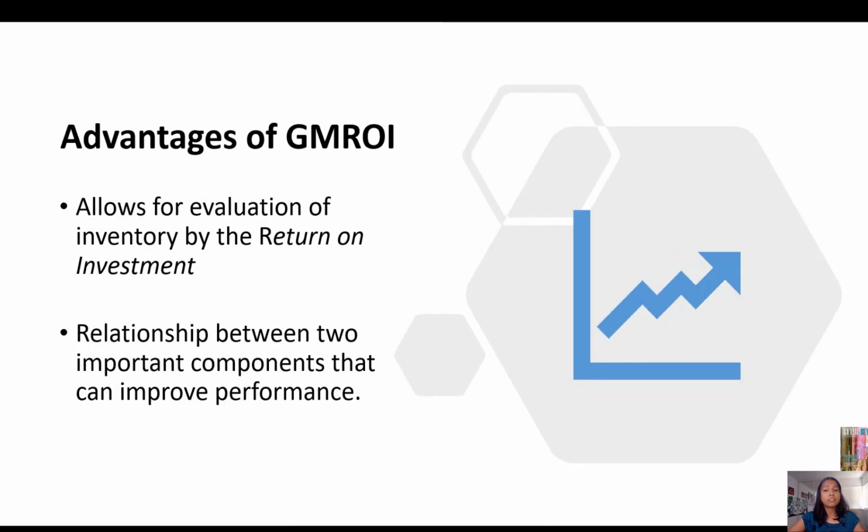Two major advantages of GMROI are that it allows those in retail managerial positions to evaluate inventory by the return on investment it produces, not just on gross margin. GMROI makes obvious the relationship between two important components that can improve performance, the gross margin percent and the inventory turnover.